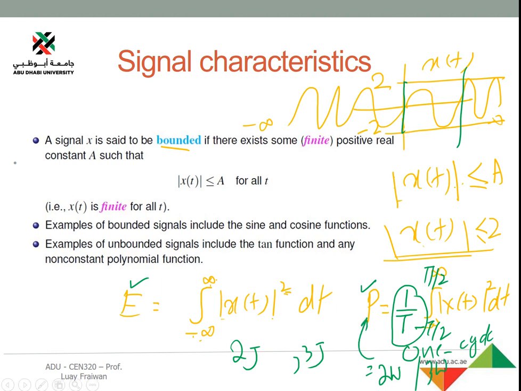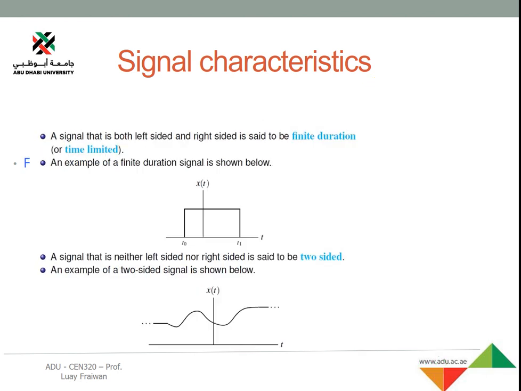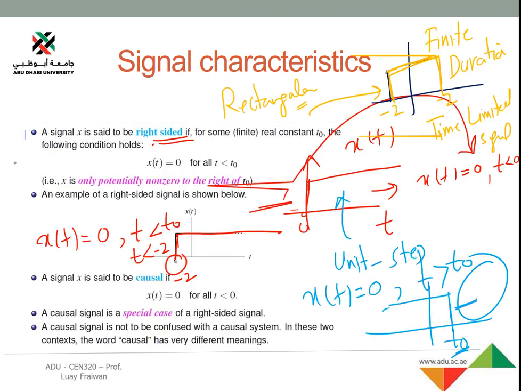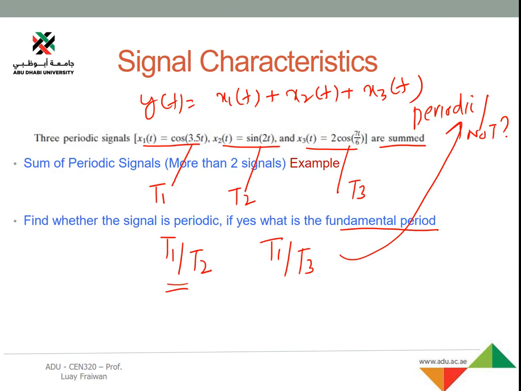So we can characterize signals in different forms: energy signals, power signals, left-sided signals, right-sided signals, finite duration or time limited signals, periodic signals, aperiodic signals. These are the different definitions and characteristics of signals. So that's the end of this part of the lecture. Thank you very much for your attention.